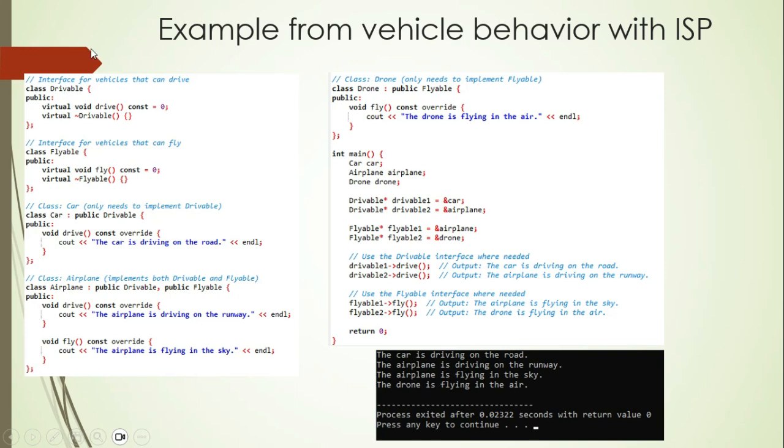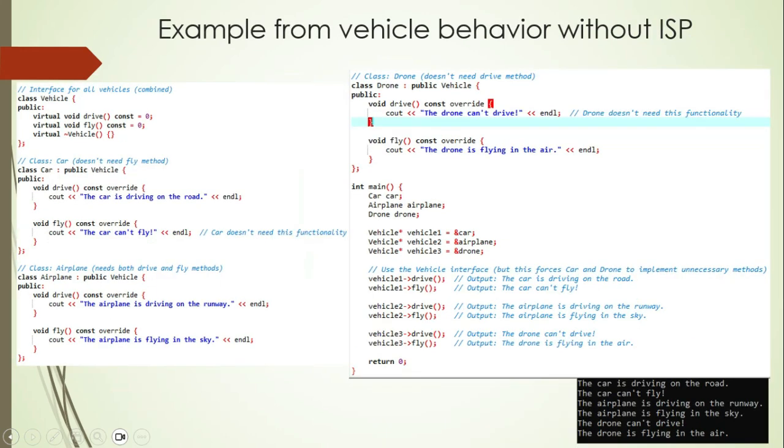If it is drivable, we will derive it from the drivable class, while if it is flyable, we will derive it from the flyable class. If it is both, like in the case of aeroplane, we'll derive from both. This means rather than taking one larger interface, we have managed our code with ISP by decomposing this one interface into 2 sub interfaces.